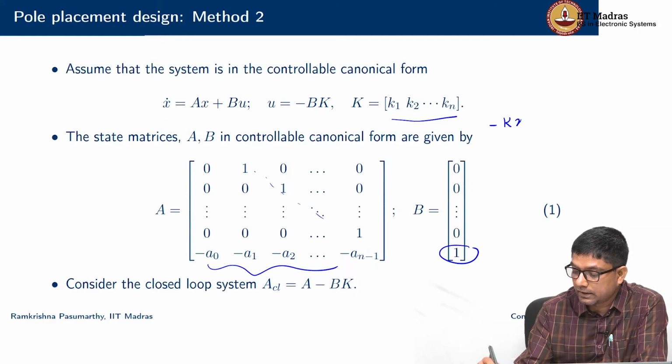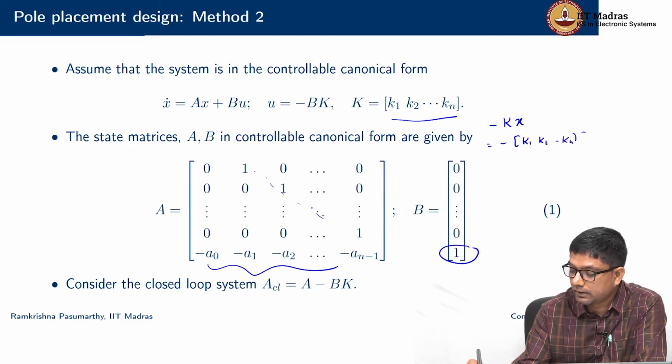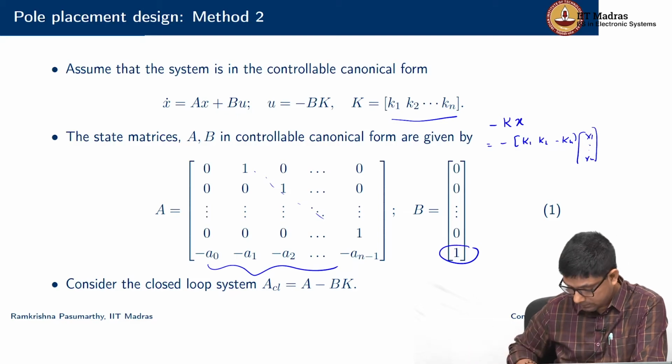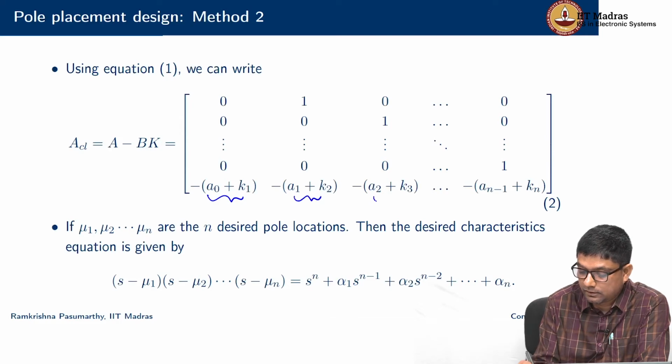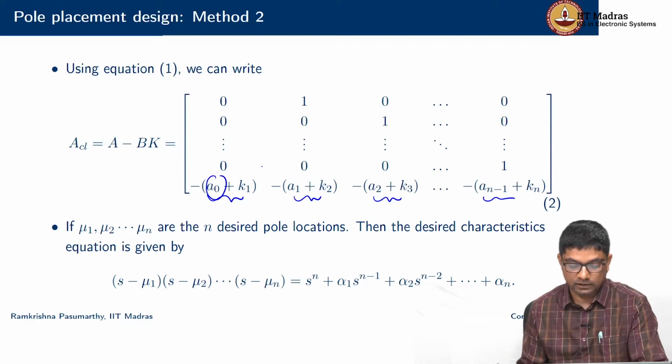So, minus kx will be of the form minus k1, k2, kn times x1 till xn. So, all the unknowns will just add up here. Of course, these are known, these are the unknowns.